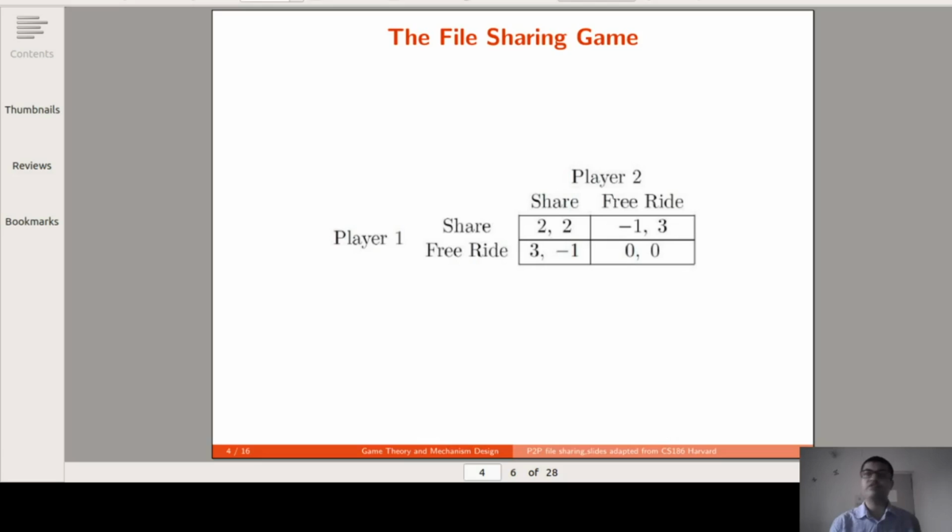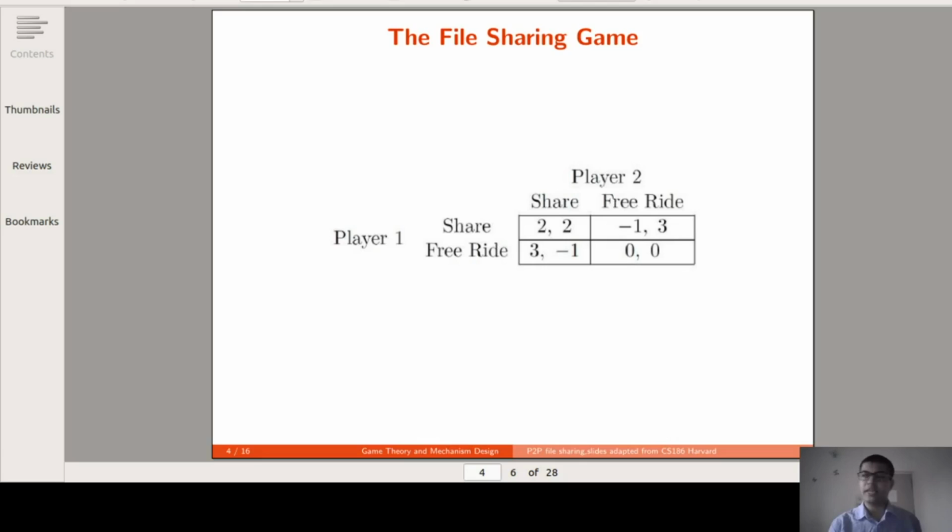Alternatively, they can just free ride. They can shut down all uploading links, and they can only get the file from other individuals. In the terminology of P2P, sharing is called being a seeder, and free riding is called being a leecher. The people who download are the leechers. The people who share are the seeders.